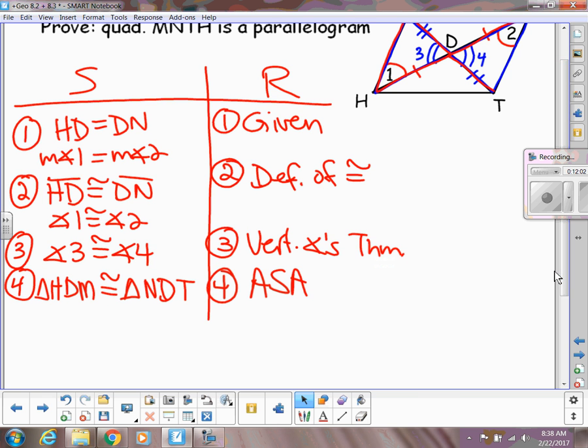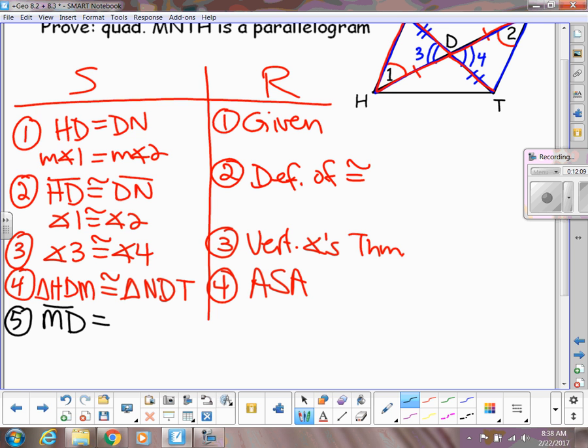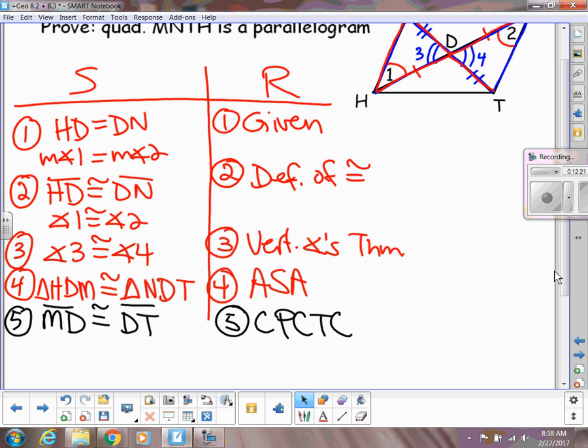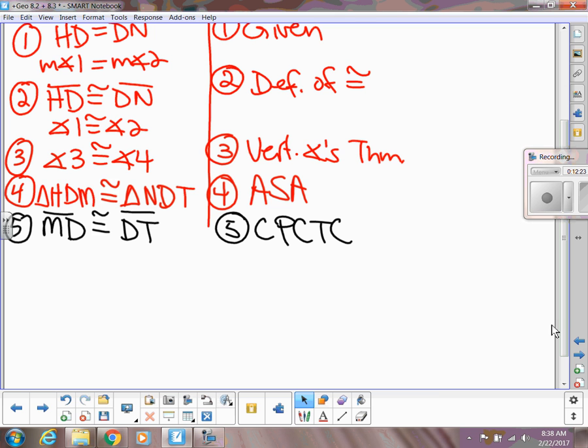So now we can say, all right, MD is congruent to DT, and that's by CPCTC. And the reason we cared about that is because it shows that both diagonals are bisected.